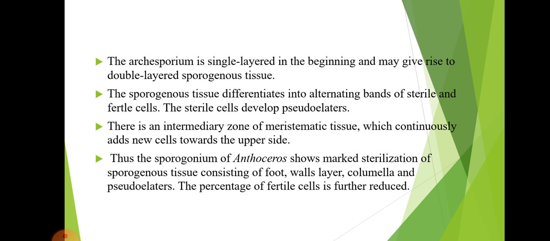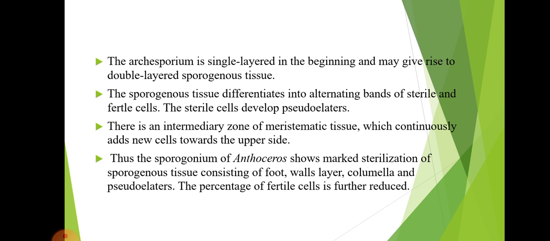There is an intermediary zone of meristematic tissue which continuously adds new cells toward the upper side. Thus, the sporogonium of Anthoceros shows marked sterilization of sporogenous tissue consisting of foot, wall layers, columella, and pseudoelaters.